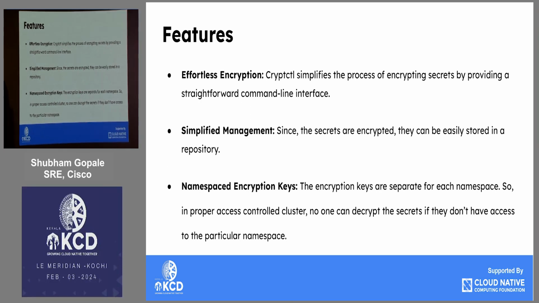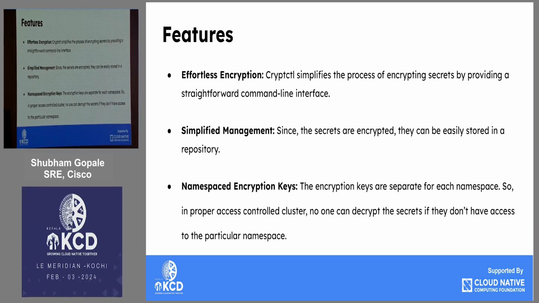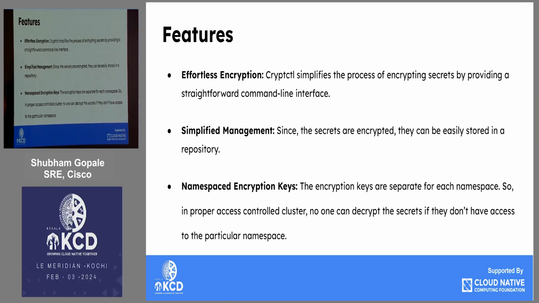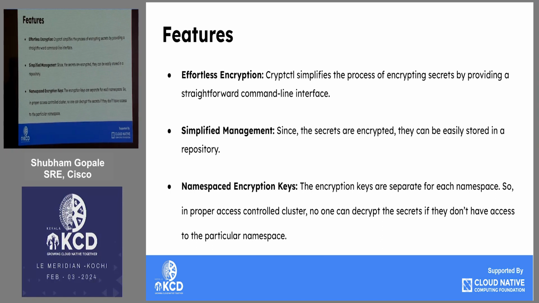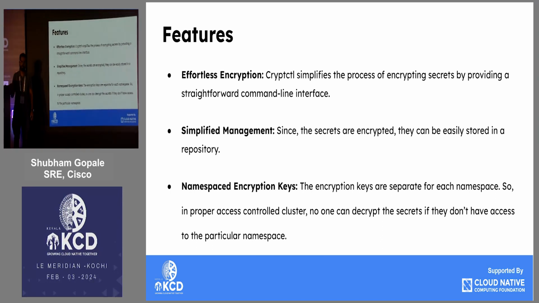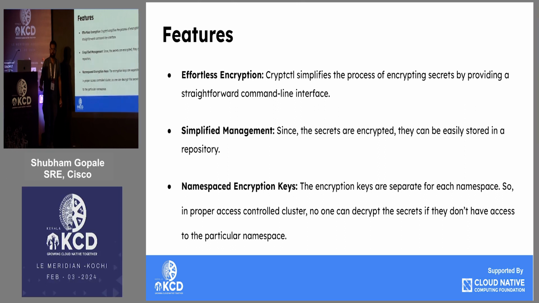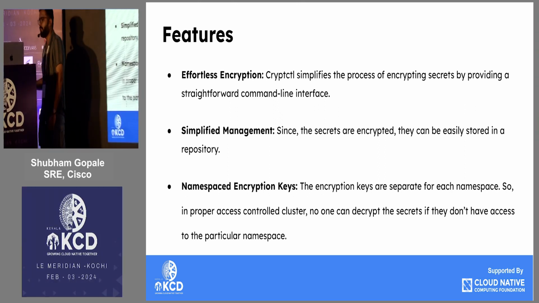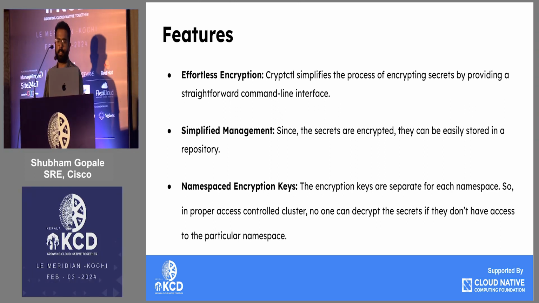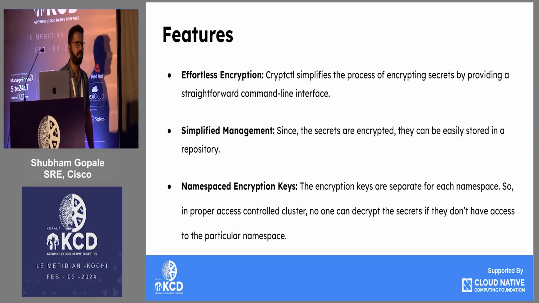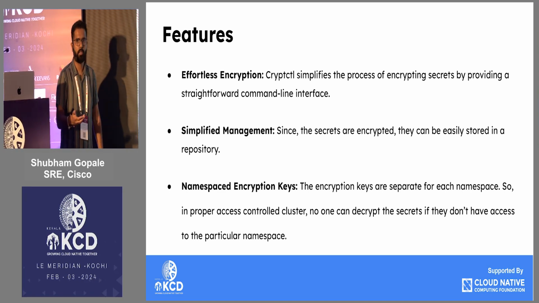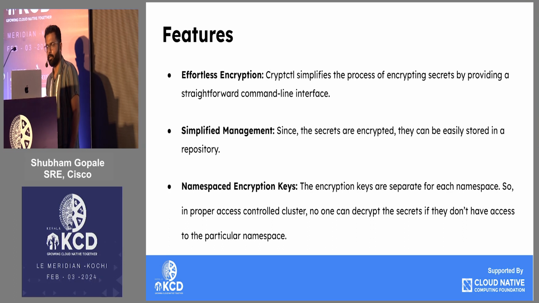Since it is written in a way where you can have multiple providers, you don't have to use Kubernetes as a provider. You can use AWS KMS, so that your secrets will be encrypted using the KMS key, not the key stored in your Kubernetes cluster. Then simplified management. Since the secrets are encrypted, obviously they can be stored in your Git repository. You don't have to worry about them being leaked.